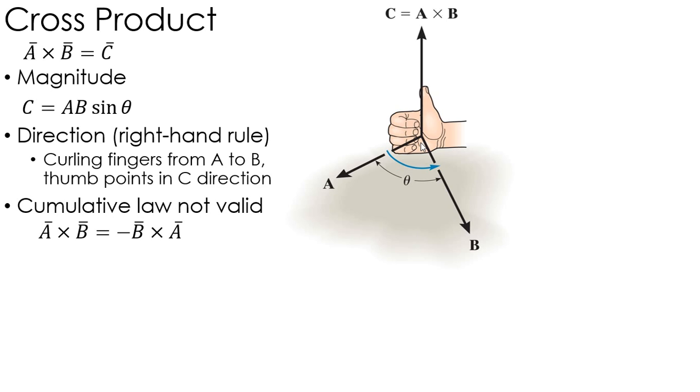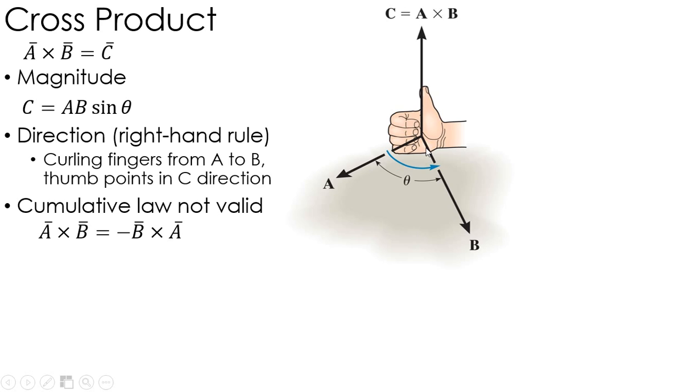Unlike the commutative law for multiplication, where, for example, 2 times 3 is the same thing as 3 times 2, the cross product, because of this right-hand rule direction, means A cross B is actually negative B cross A. If you think about taking that right hand and starting with your fingers pointing along the B vector and curling them towards the A vector, your thumb is actually going to point downward, in the opposite direction from what we did earlier.